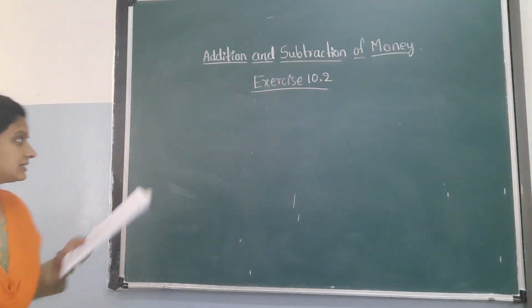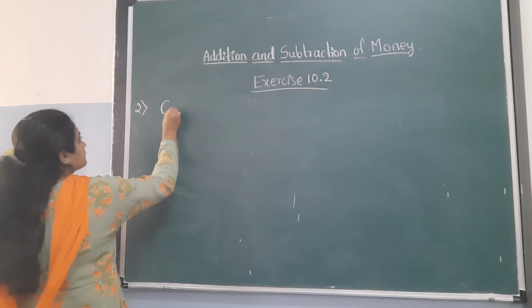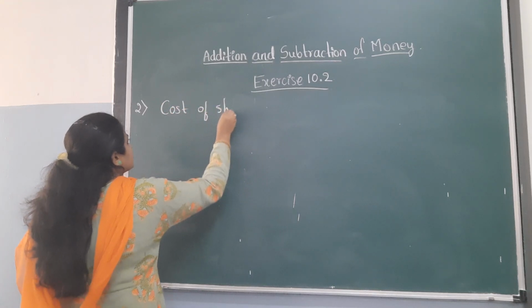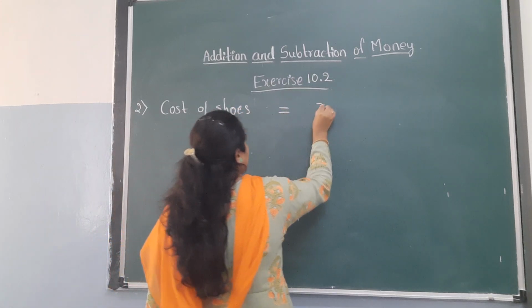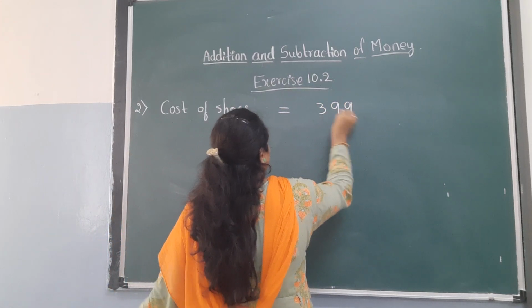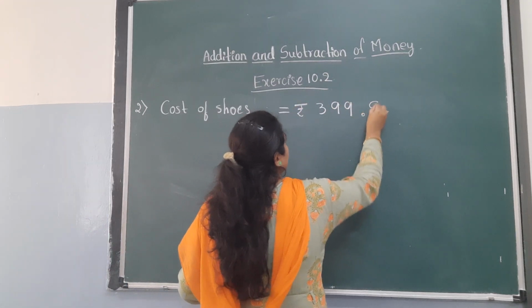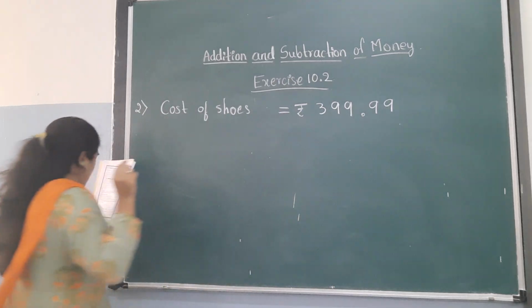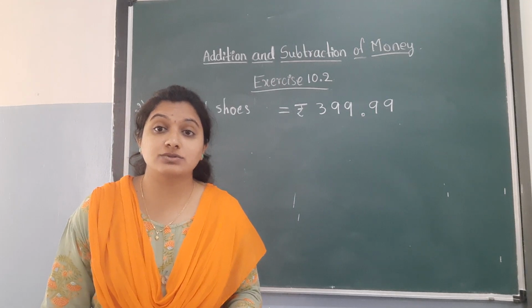Cost of shoes is equal to 399 rupees 99 paise.